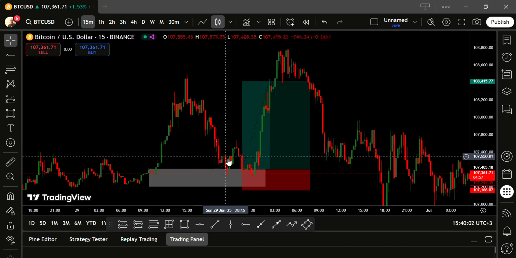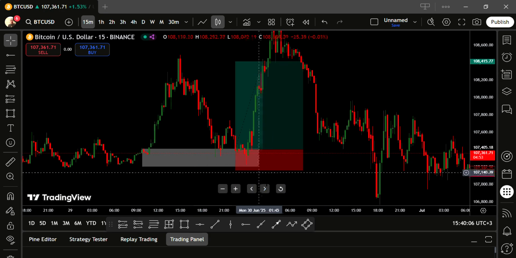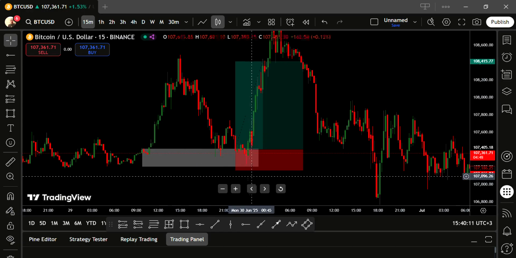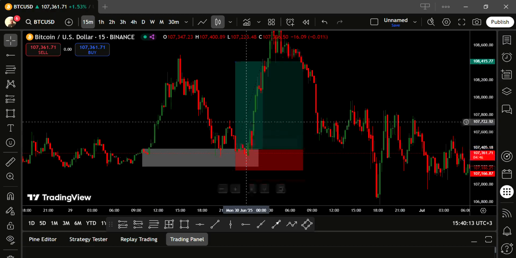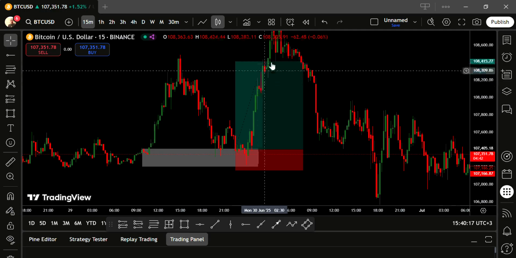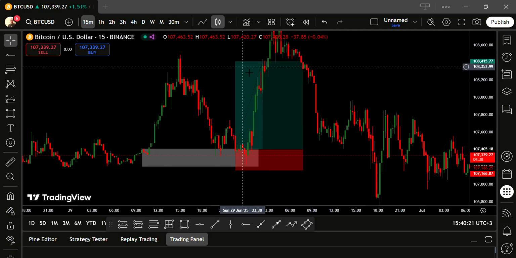So price came, tapped in, went back, came back to tap in again, almost took us out, but I told you the stop losses have to be slightly below your zone, so it did not take us out. And look at the move from there, just shot up to the upside, and boom, the trade is done.